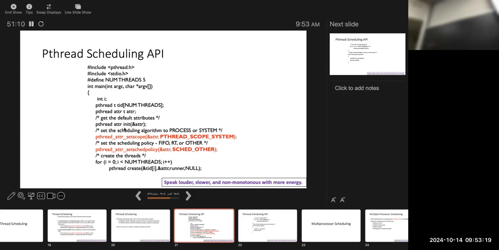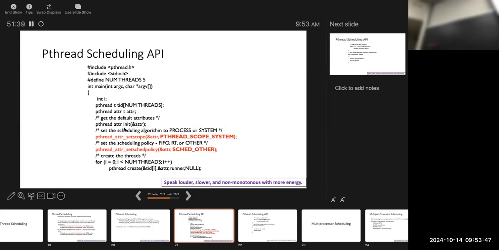This is also default in Linux, so you don't need to worry about it. And the other thing is that you can also set the scheduling policy for the threads, like we have covered, for example, first come first serve, or shortest job first, SRTF or round robin. So you can specify the scheduling policy. Here, when you are saying scheduling other, this is also the default scheduling policy of Linux, which is time sharing or time-based scheduling, time slicing.